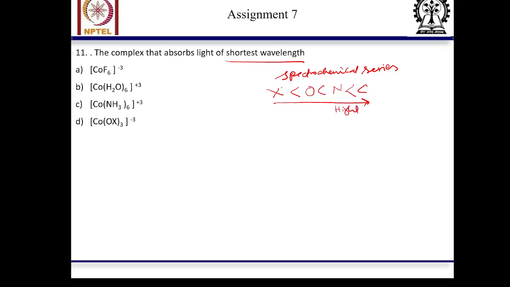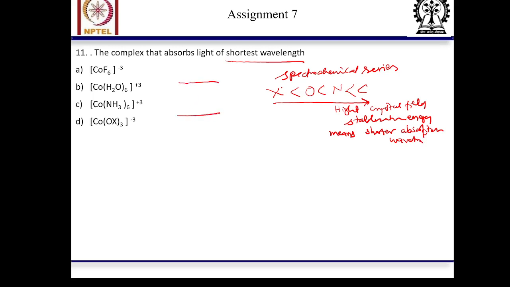So this is the higher crystal field stabilization energy, means shorter absorption wavelength.